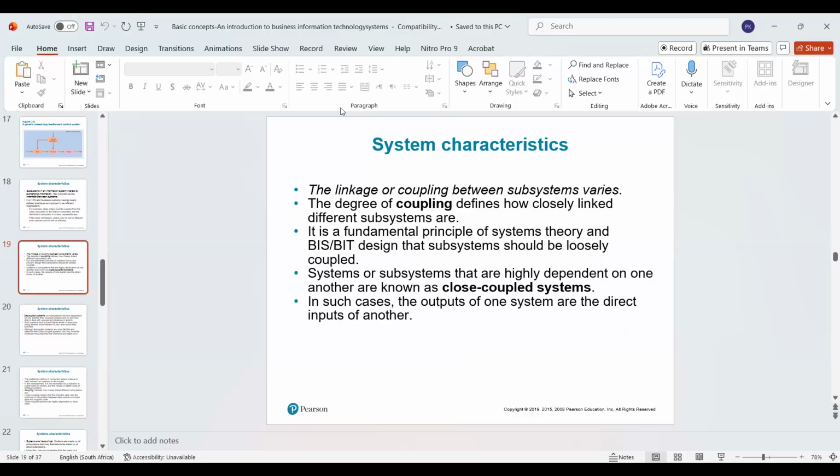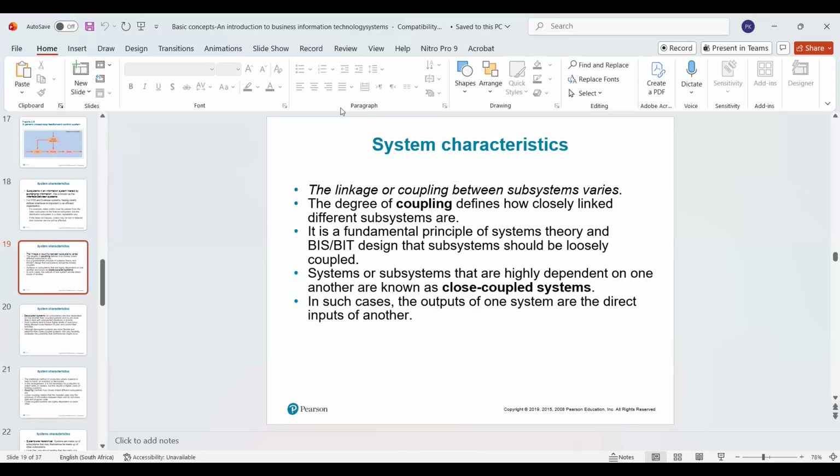Right. So the next thing that we need to understand is the linkage or coupling. When we say couple, a man and a woman who are closely related, there's something that links the two of them together. So the linkage or the coupling between subsystems varies. Some are so close, some are loose.